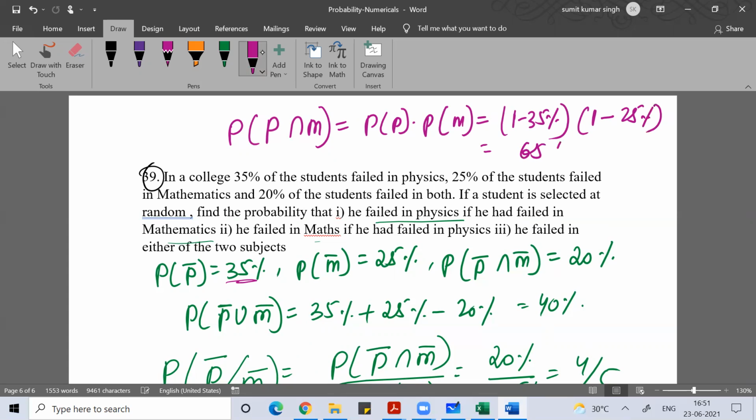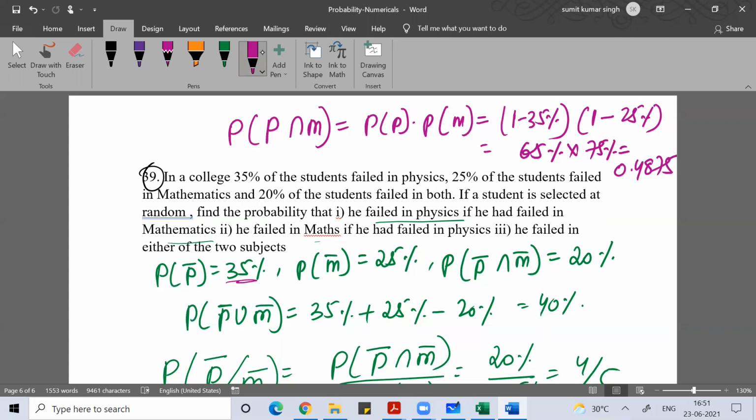This would be 65% into 75%, which would be 0.4875. This is Vedic math: 65 into 75 is 4875, 75 into 85 is 6375, 85 into 95 is 8075. So 65 into 75 is 0.4875.